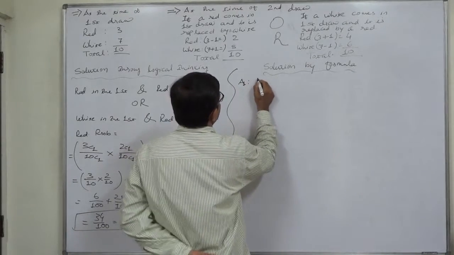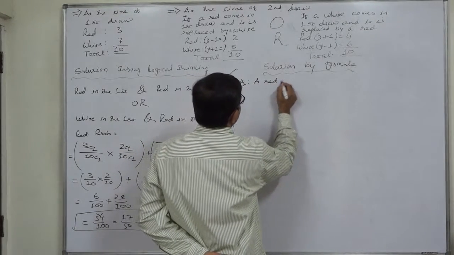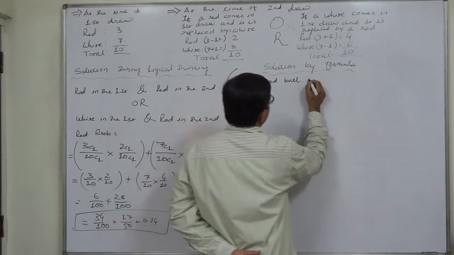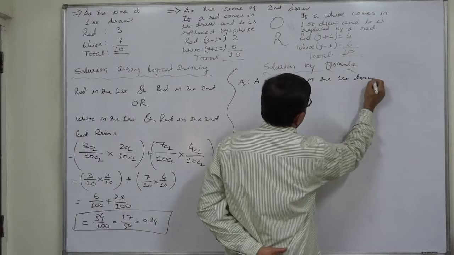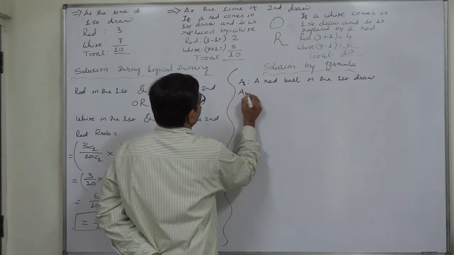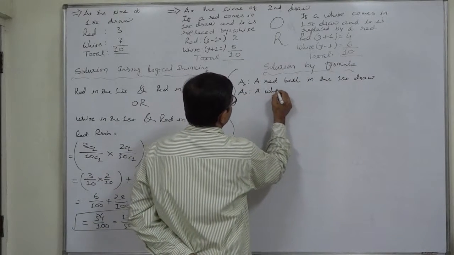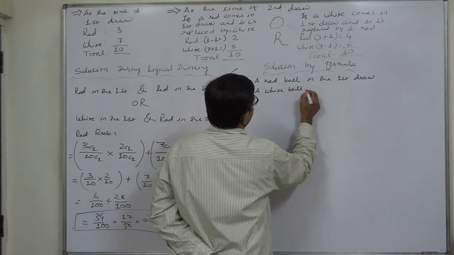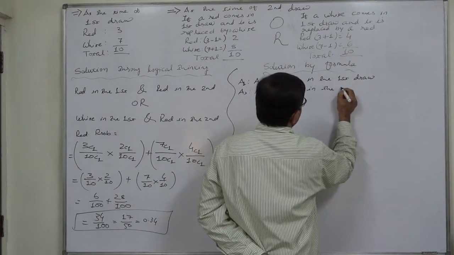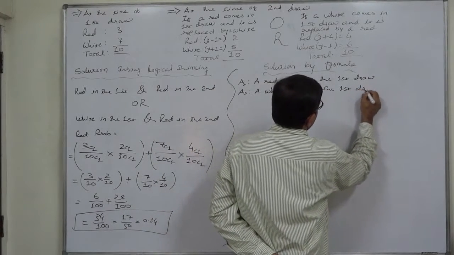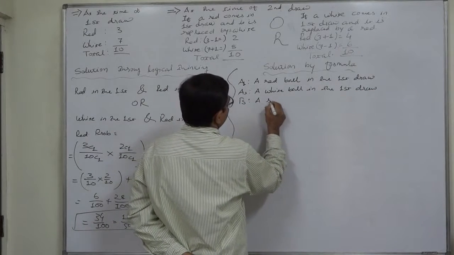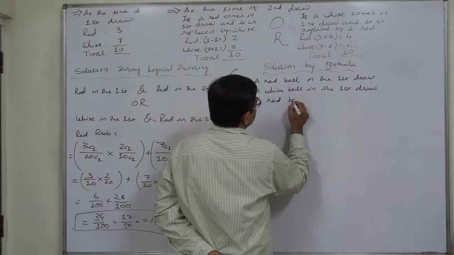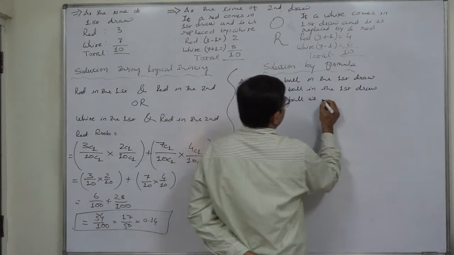A1 is a red ball is drawn in the first draw. A2, a white ball is drawn in the first draw. And B, a red ball is drawn in the second draw.